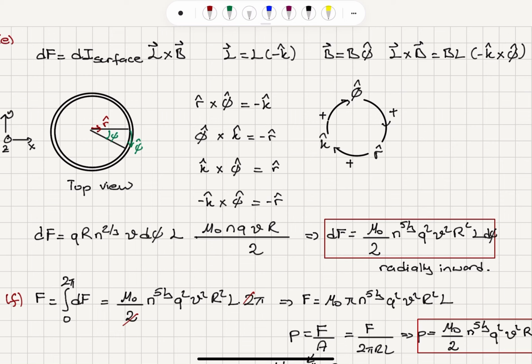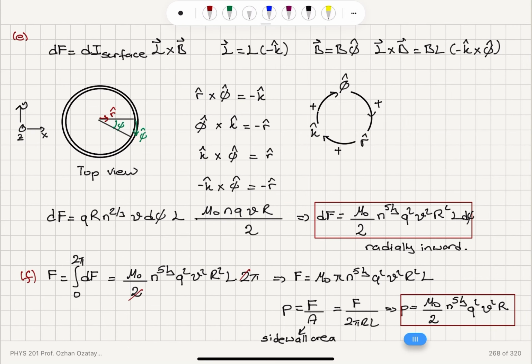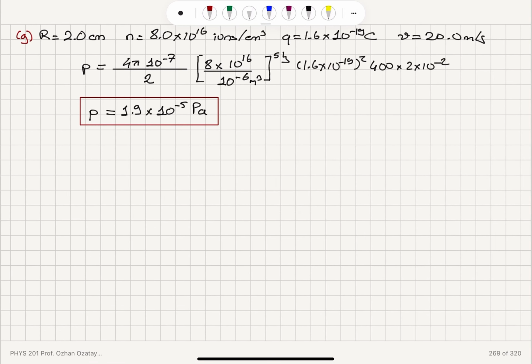So B L multiplied by the dI surface we calculated, we find the force. If you integrate this over all possible phi's from 0 to 2 pi, that's basically multiplying this by 2 pi and dividing it by the surface area, because the force is pointing radially inward, the cross-sectional area is the surface area, 2 pi r L. We obtain the pressure, and we can substitute some numbers here to find the pressure in pascals.